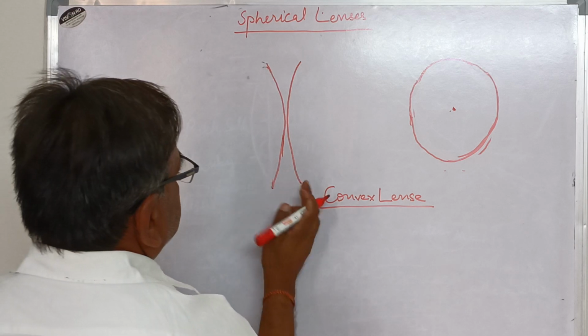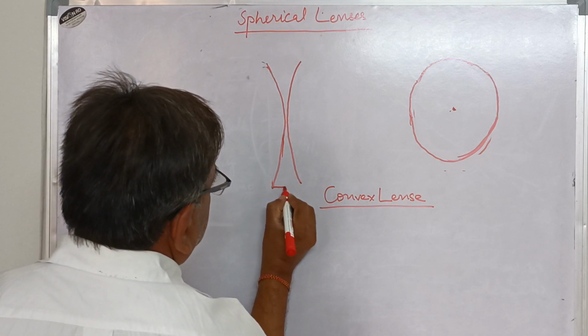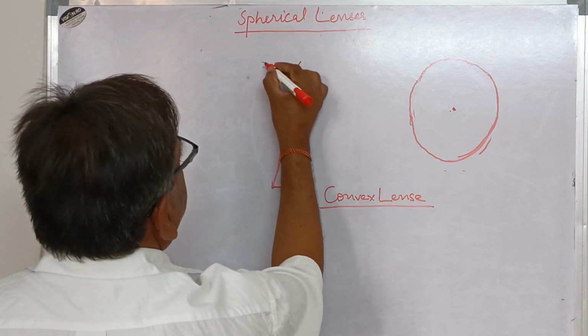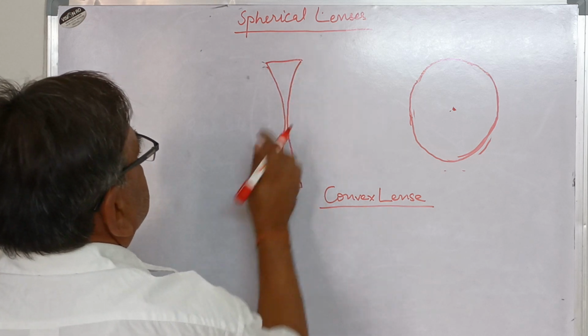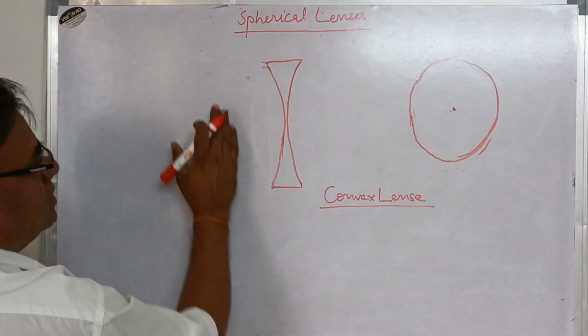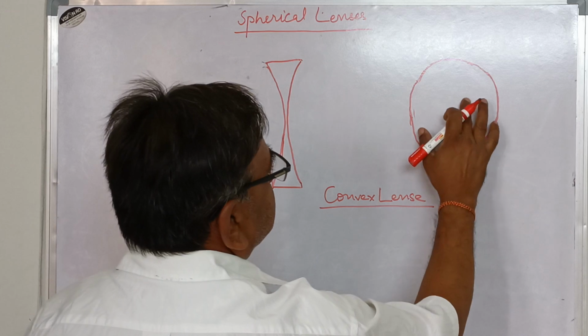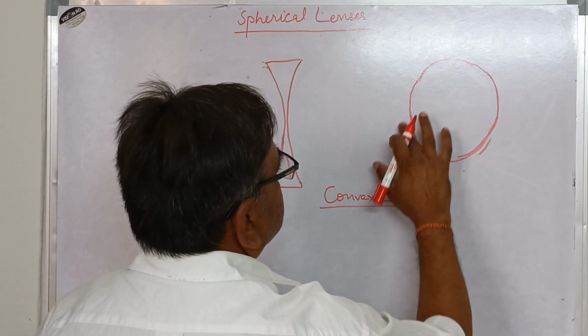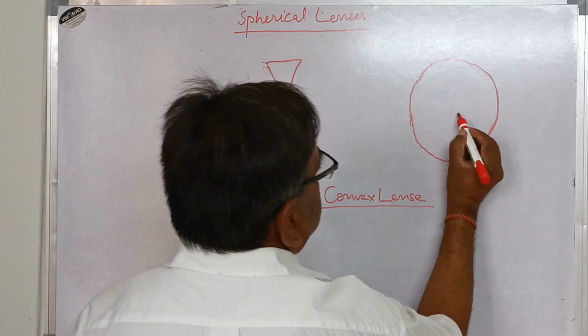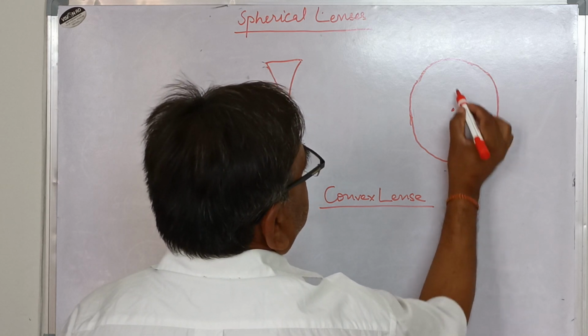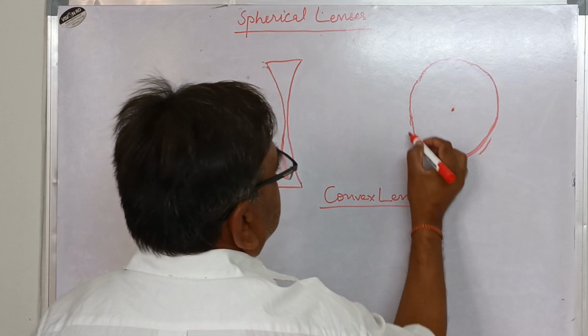the round surfaces are joined in such a way that when we see this from this side, the shape will be circular. But here, the center point is thinner and the sides are thick.